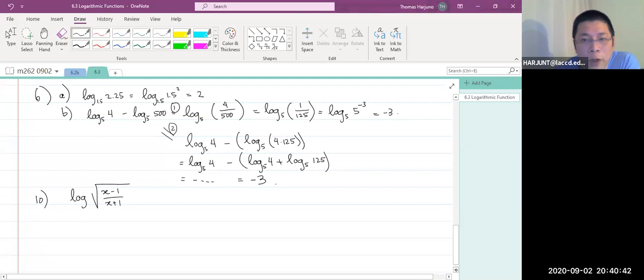That's to the power of 1/2, right? Okay, so let me rewrite it a little bit. I hope you see that this is ((x minus 1) over (x plus 1)) to the power of 1/2, right?